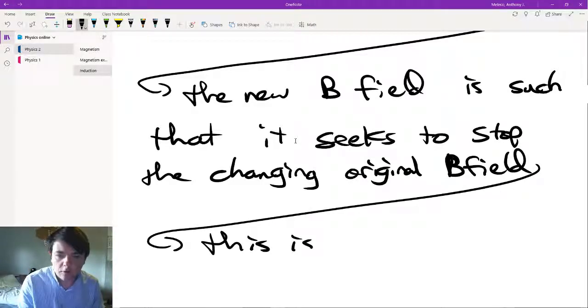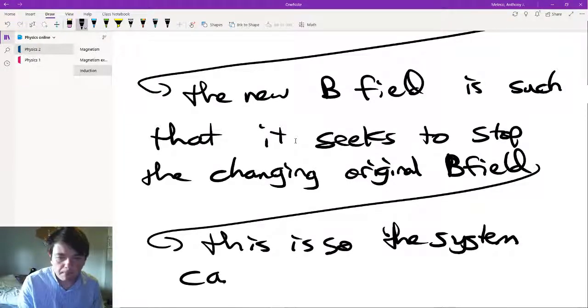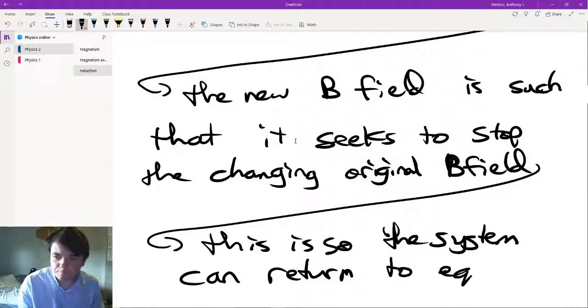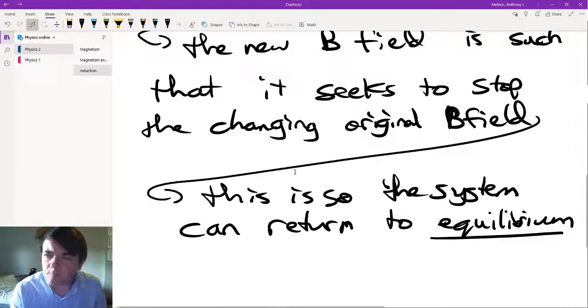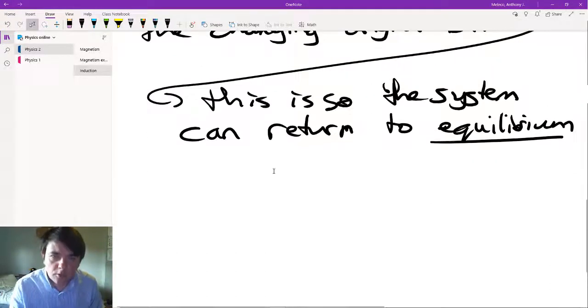So everything in the universe wants to do this. Everything wants to be in a state of not changing anymore.